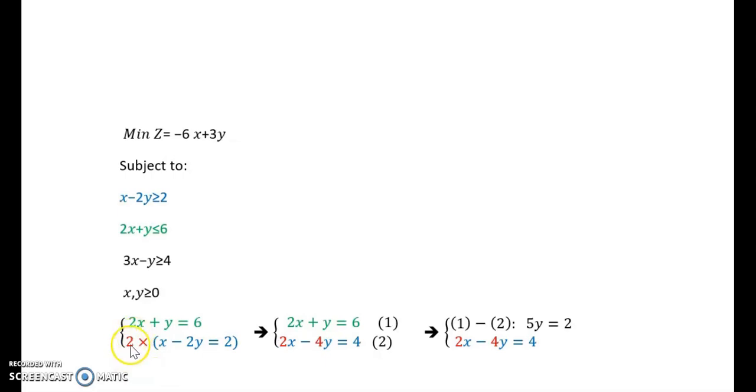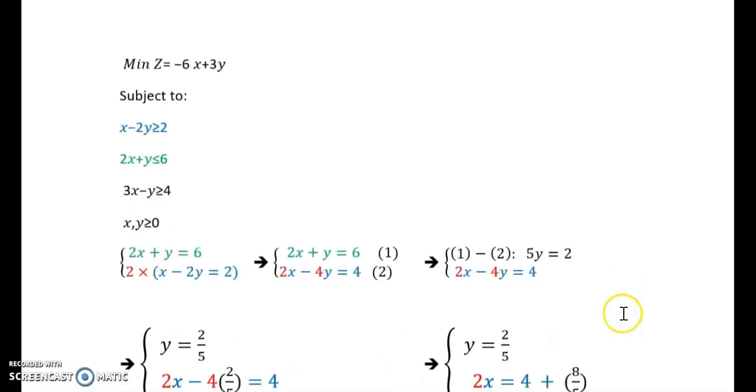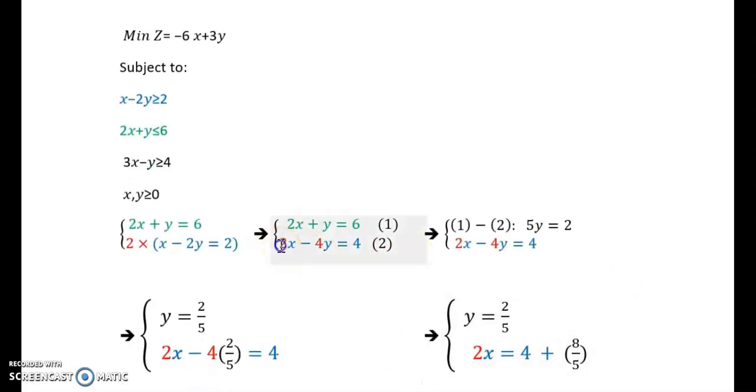So we multiply this equation by 2, and then we subtract the second equation from the first one. So we get 5y equal to 2 as the 2x minus 2x is equal to 0. And we reuse the second equation from the previous system.